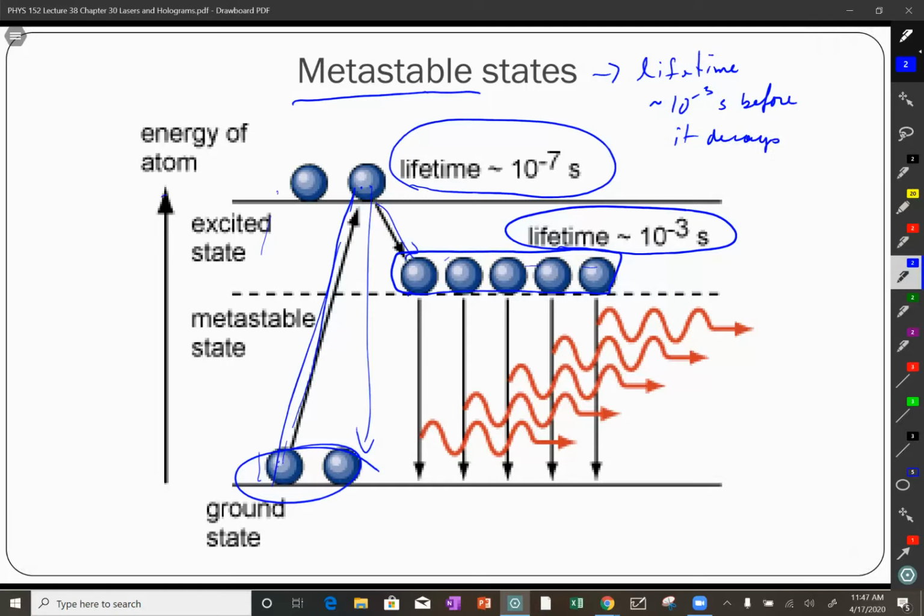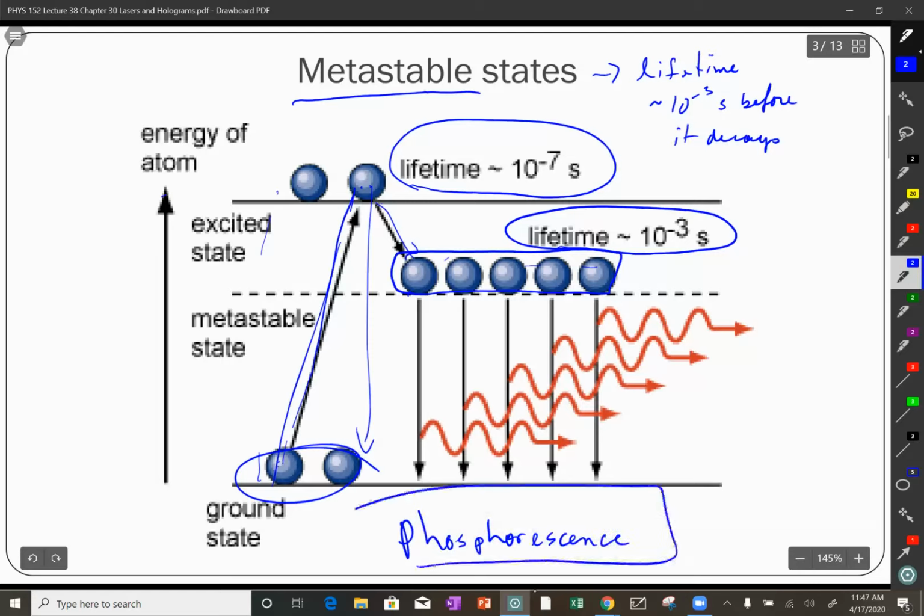And we call this decay, when you had a metastable state, phosphorescence. So phosphorescence is decaying from a metastable state, and it's going to then have a bit of a glow. And we have 10 to the minus 3 seconds.